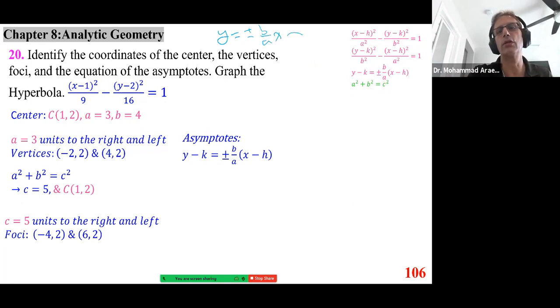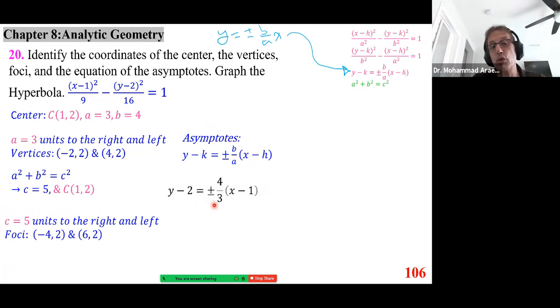So you do the translation: y minus k is plus minus b over a times x minus h. That's the formula. Therefore, you use the fact that k is 2 and h is 1, and you can graph this. Those are 2 lines. Y minus 2 is 4 thirds times x minus 1. You can solve for y.